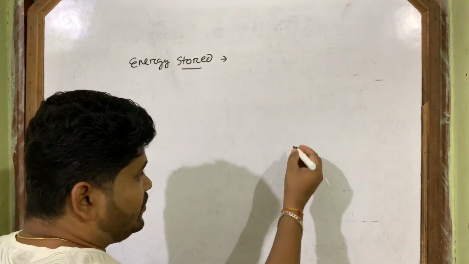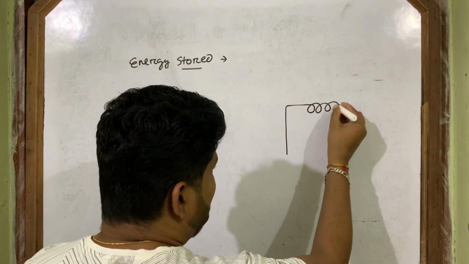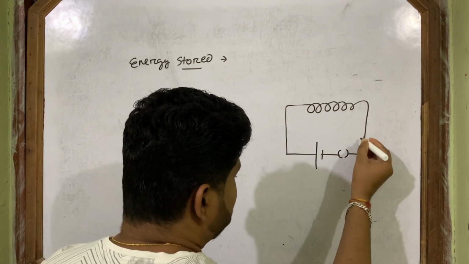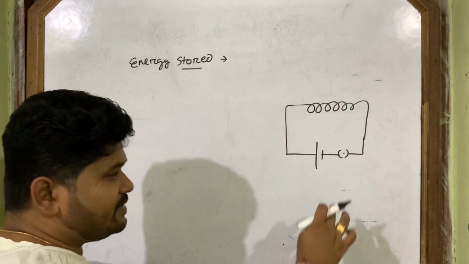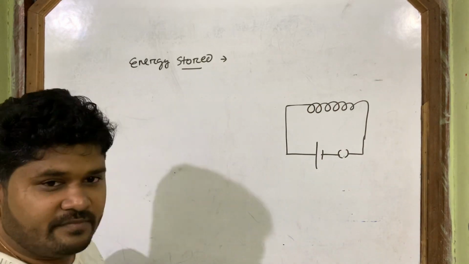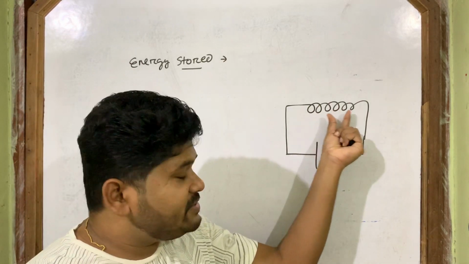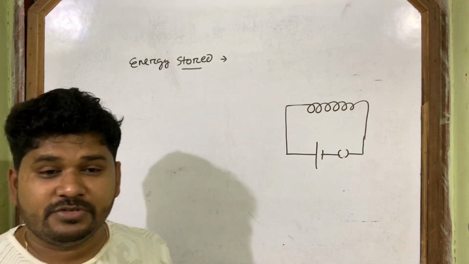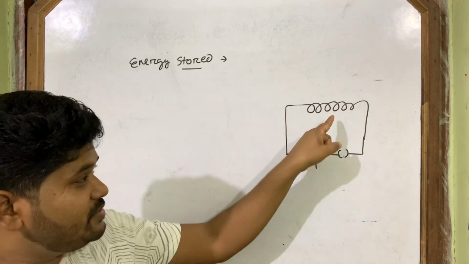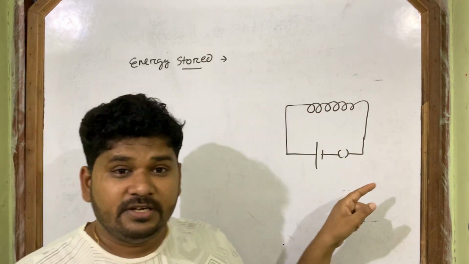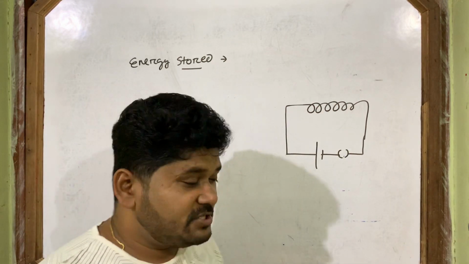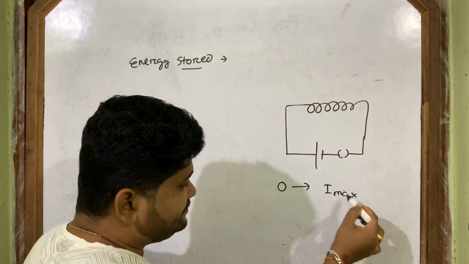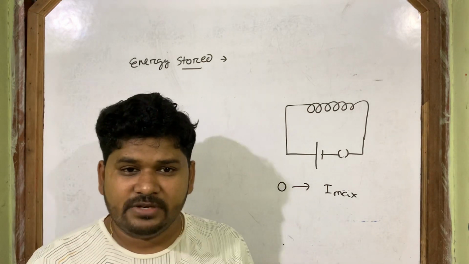Now let's see. When the coil is connected, this is the applied EMF, and at the time of switch on or at the time of switch off, an EMF is induced here. That induced EMF opposes the growth in current, opposes the current to increase from 0 ampere to its maximum constant value.